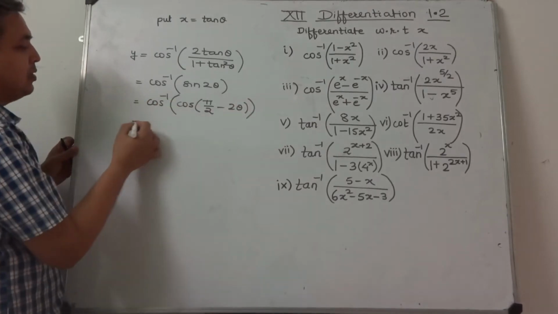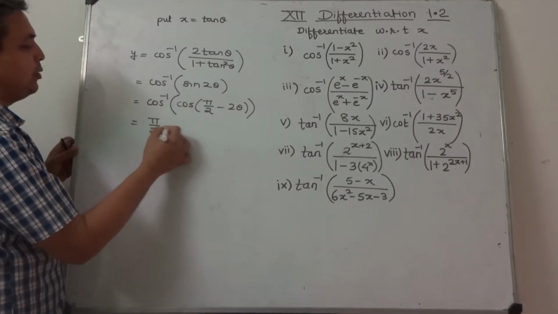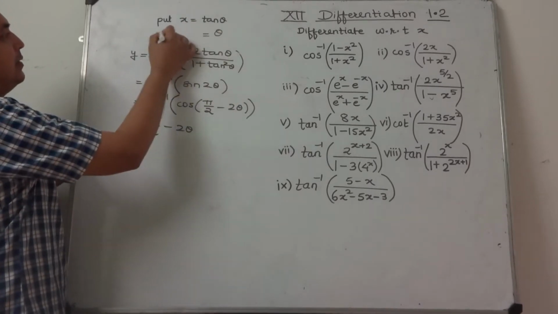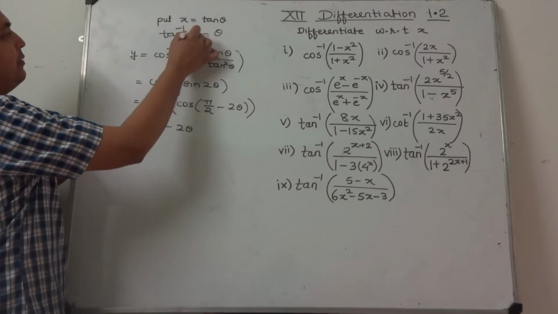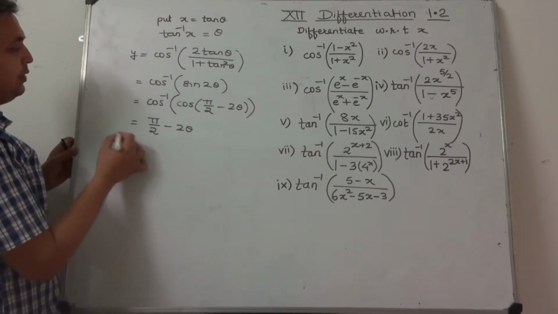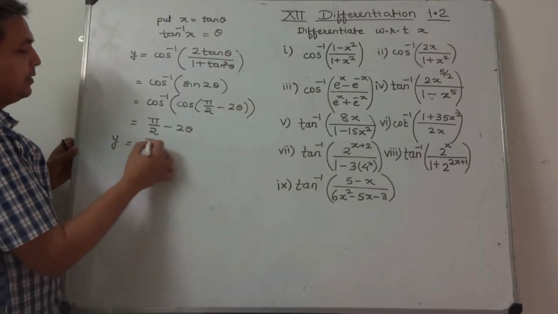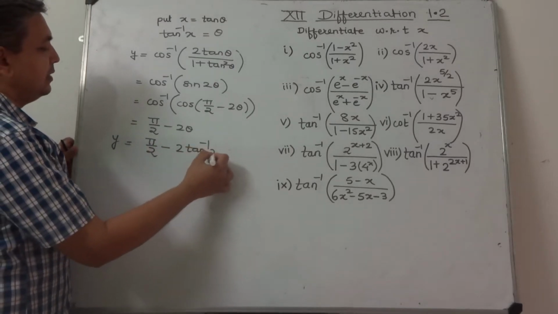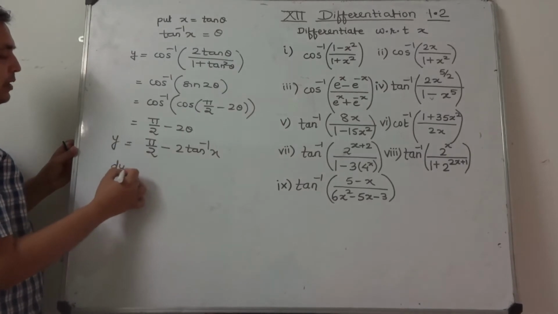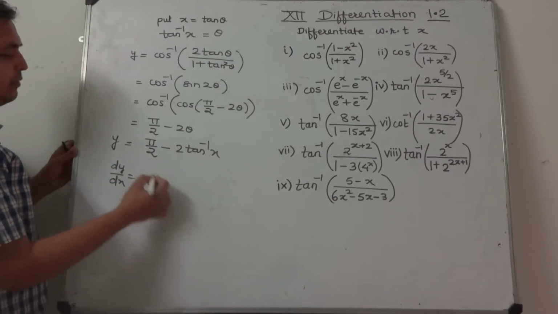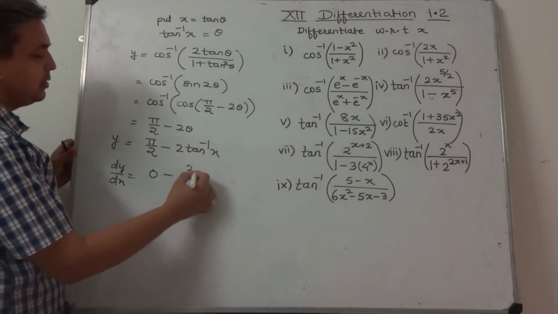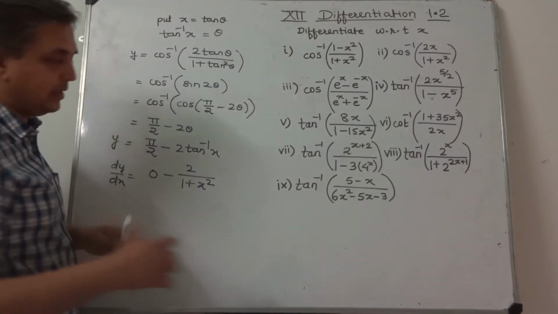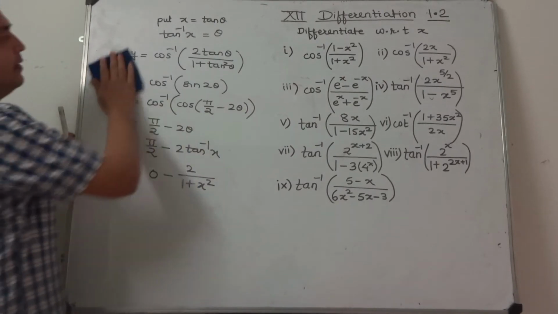So cos inverse cos gets cancelled and we get pi by 2 minus 2 theta, and theta can be replaced as theta equal to tan inverse x, and so we get y equal to pi by 2 minus 2 times tan inverse x, and derivative will give dy by dx is equal to 0 minus 2 upon 1 plus x square, the derivative of tan inverse. So this is the result.